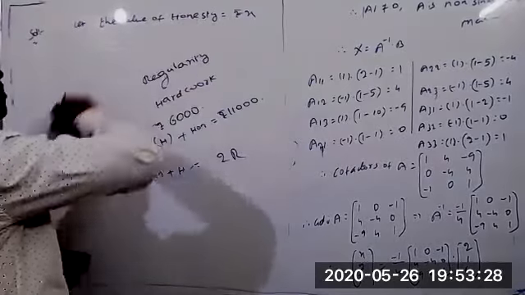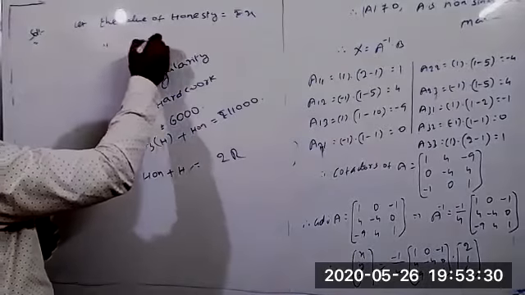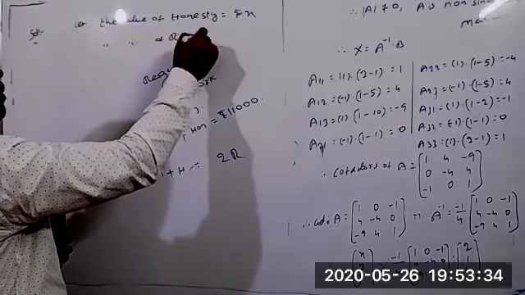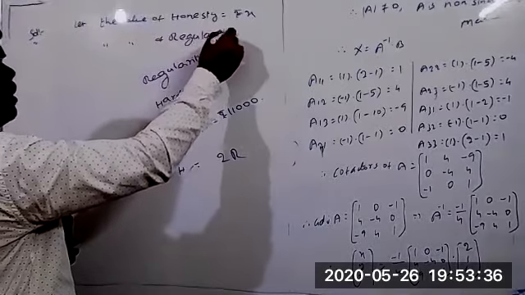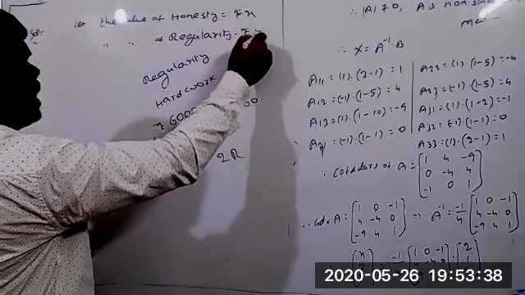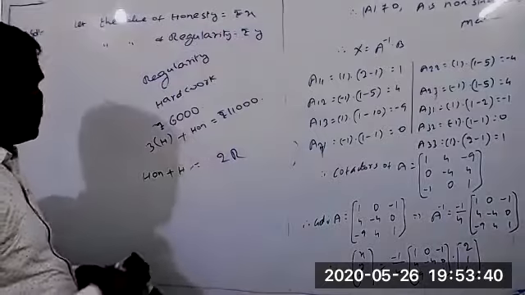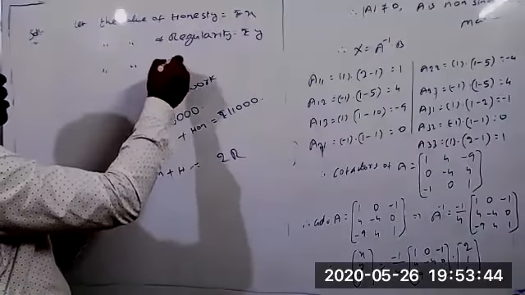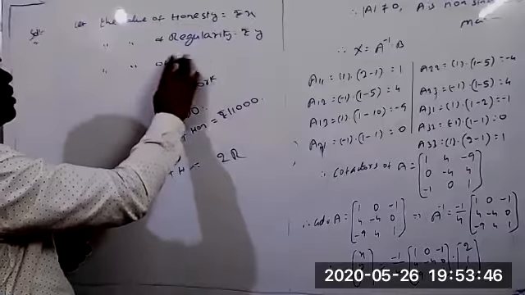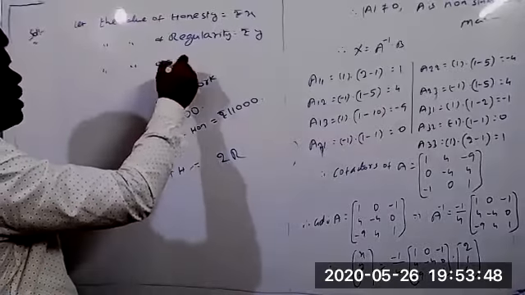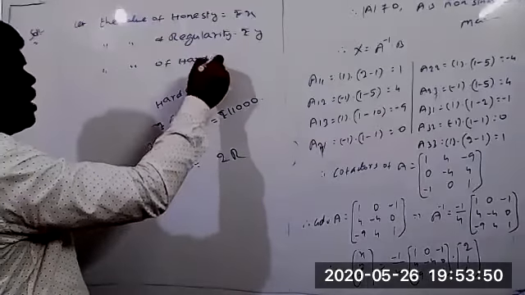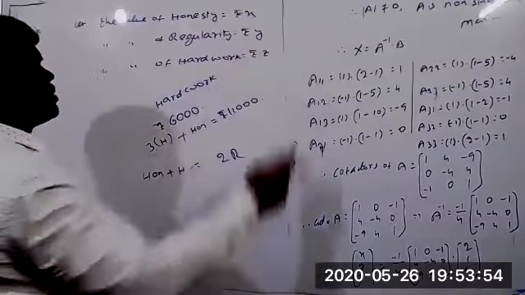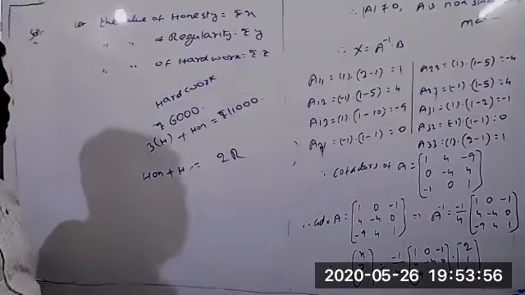Next, in the same way, the value of regularity equal Y rupees. In the same way, the value of hard work equal Z rupees.